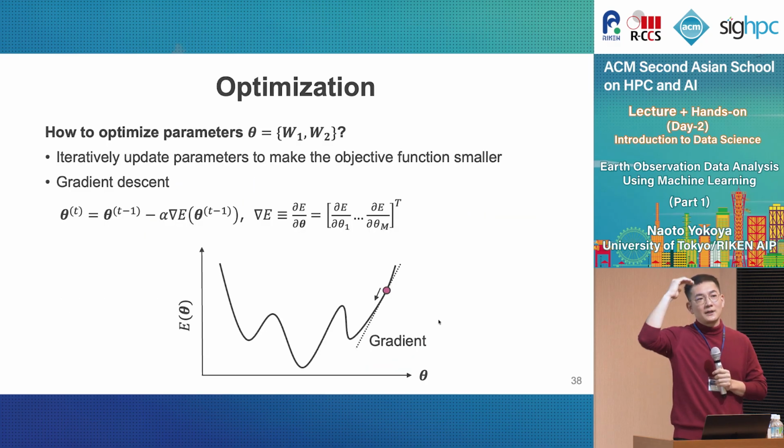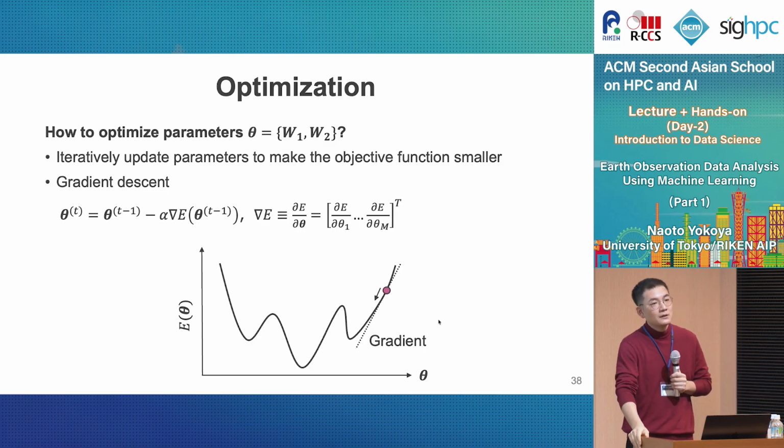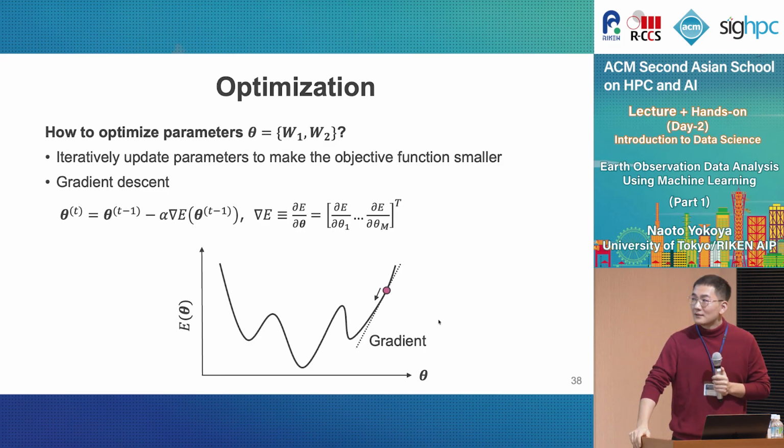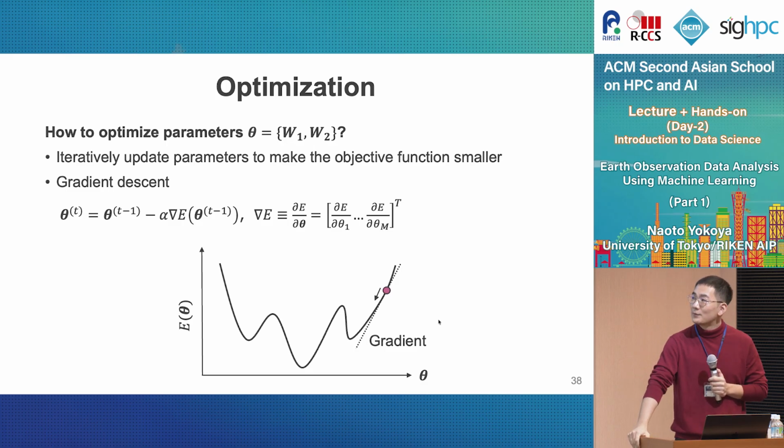Okay, we set up the goal, we defined the model, and what's remaining is how we can tune the parameter set, theta. A straightforward way of thinking may be too complicated. There might be no global optimal solution.